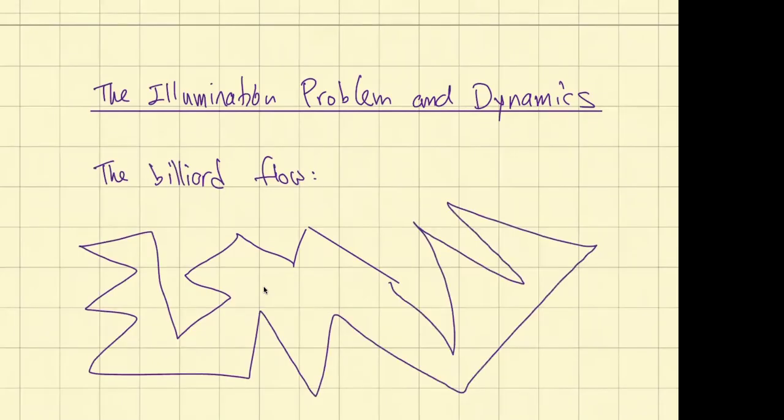We're given a point and a direction. The dynamics is you move in a straight line, and when you hit the wall, you bounce off, and the law is that the angle of incidence equals the angle of reflection. Then you keep going, and you bounce off the next wall, and the next wall. And if you hit a vertex, the dynamics is undefined.